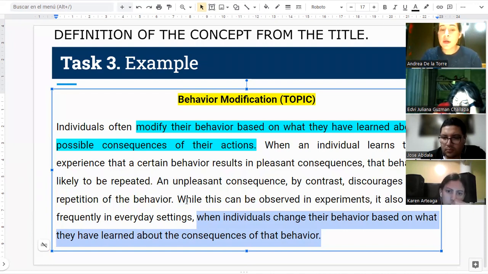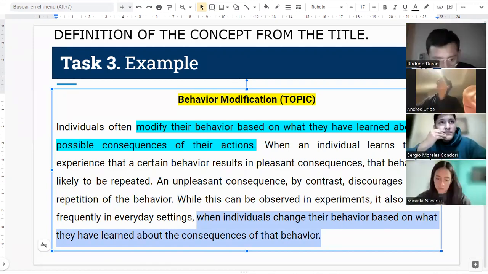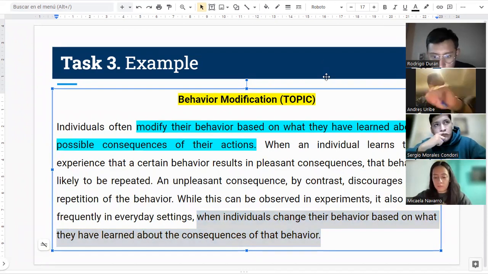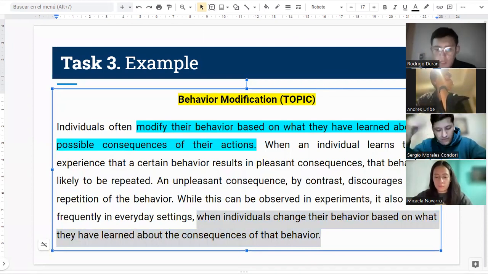Is that okay, you guys? Do you have any questions about this so far? No questions? Okay. So remember, when you read, you write down the title, you search for the definition, and you take a few notes. Is that okay?